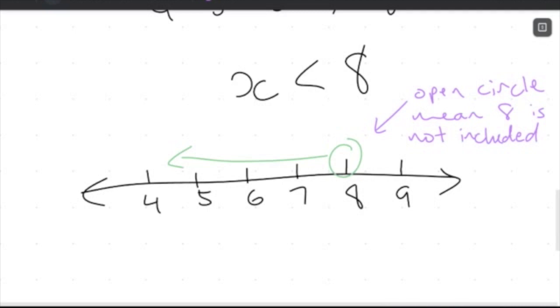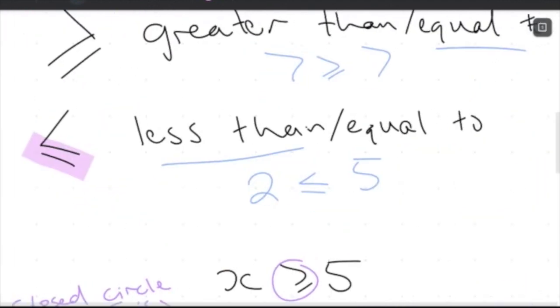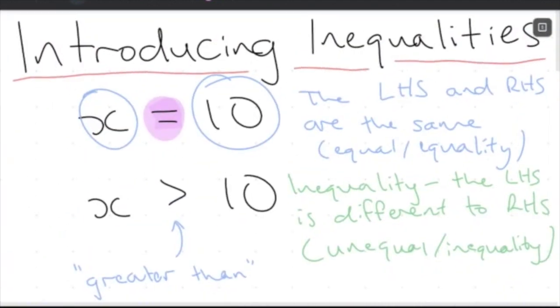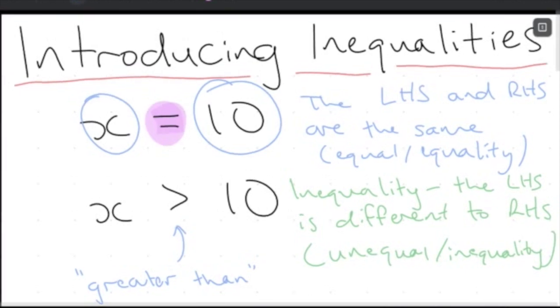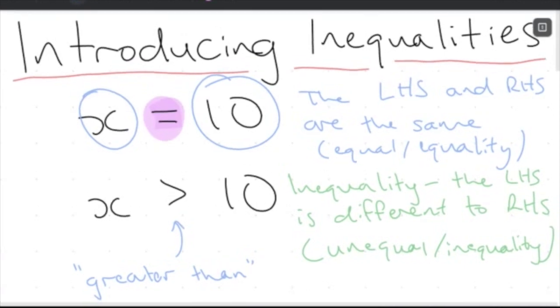These are ideas of one thing not being equal to the other thing on the other side of the symbol. We could only say it was the same when we had the equal sign, like this thing up here. So we want to be able to tell the differences between equations and inequalities.